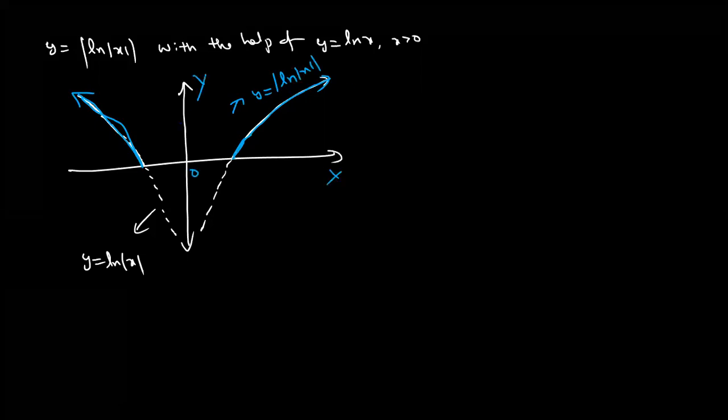X-axis, y. (1, 0). ln of mod x means you take x, and x can also be negative because modulus is there.